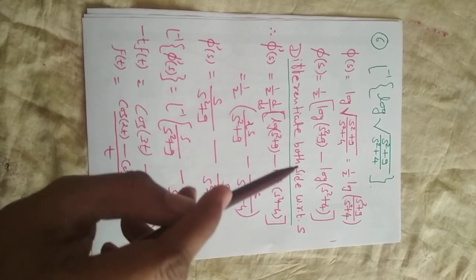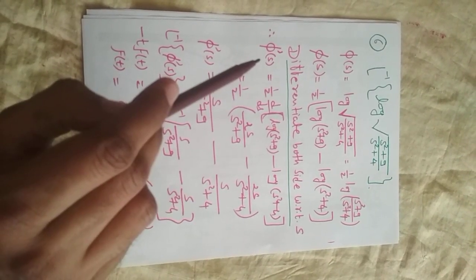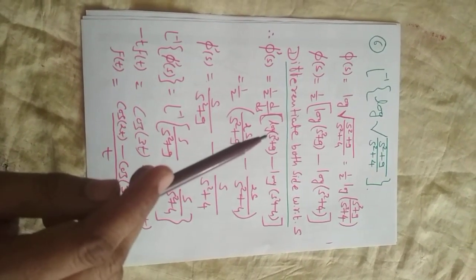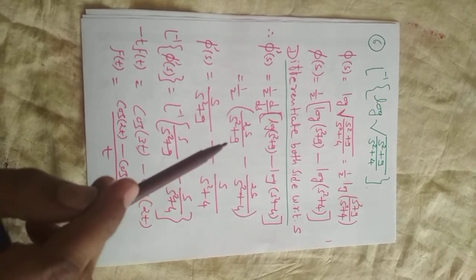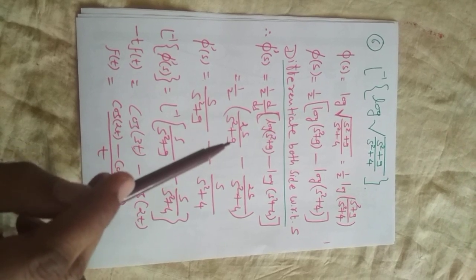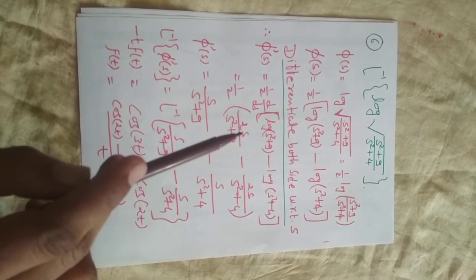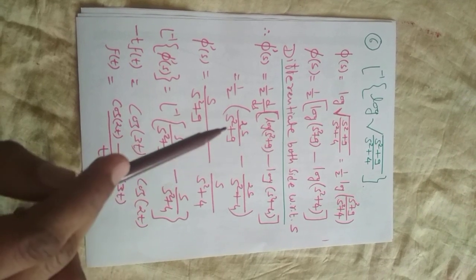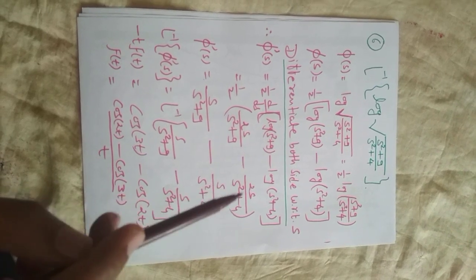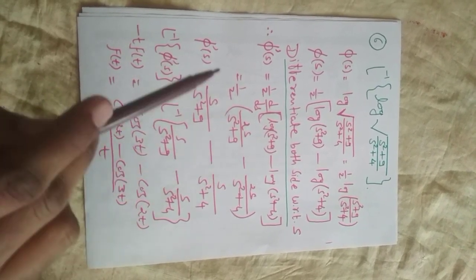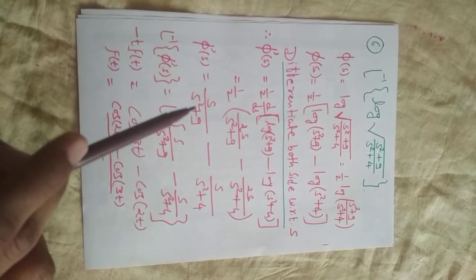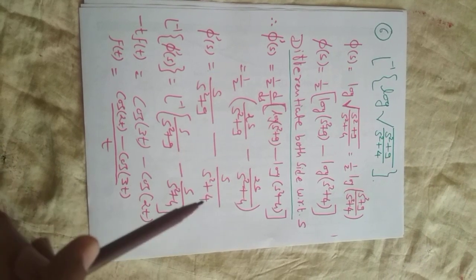Differentiating both sides with respect to s, this side is phi dash s, 1 by 2 as it is. What is the derivative of log? The log derivative is 1 upon x, so it is 1 upon (s square plus 9), and the derivative of s square plus 9 is 2s. This is the derivative of log (s square plus 9), and this is the derivative of log (s square plus 4). Now 2 is common and cancels with this 2. Phi dash s equals s upon (s square plus 9) minus s upon (s square plus 4).